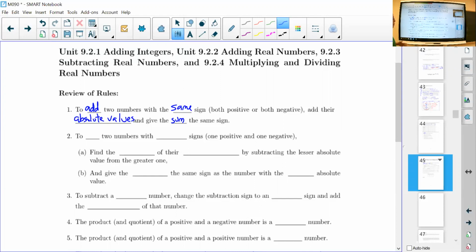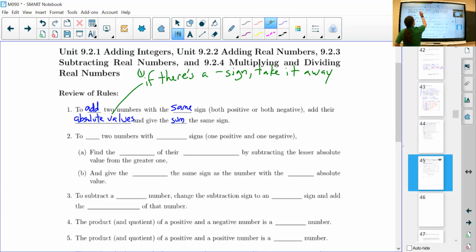Okay, great. Well, what's an absolute value? Absolute value is just a number without its sign, whether the sign is positive or negative, or zero. So absolute value says if there's a negative sign, take it away.